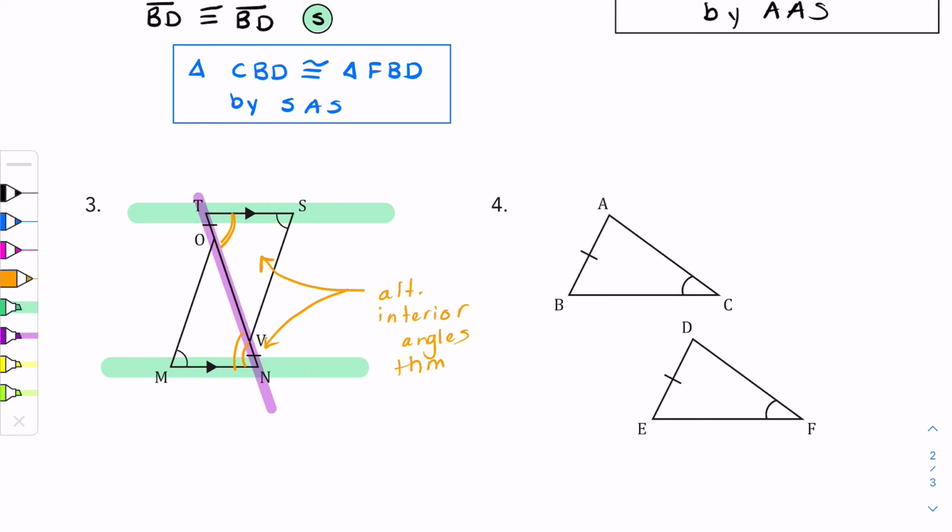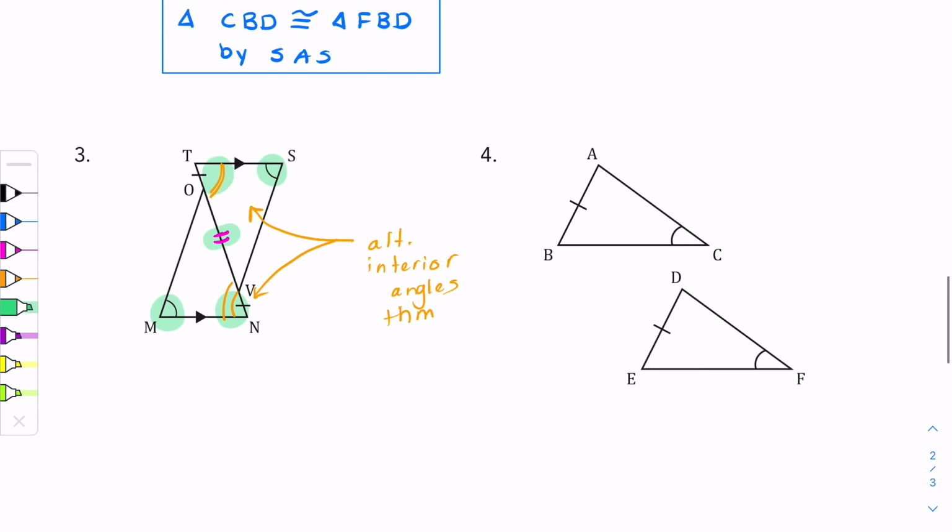I also want to point out that both triangles share this side, so we know that side is congruent. If I highlight and say out loud, we have angle, angle, side. So I can say that triangle MNO is congruent to triangle STV by angle, angle, side.